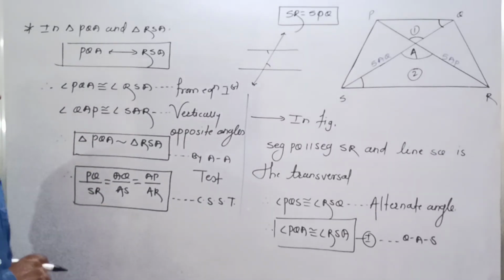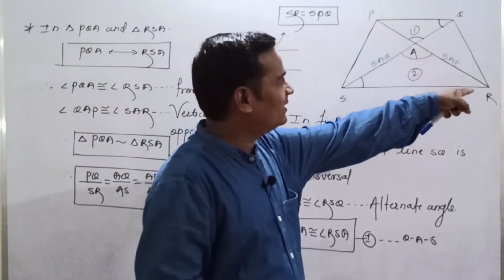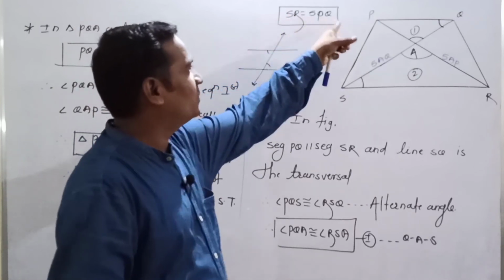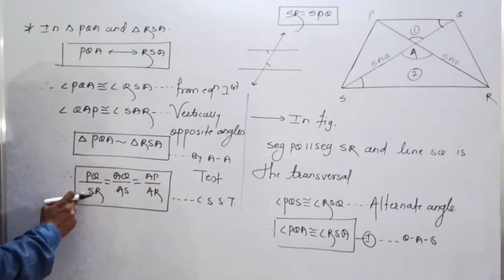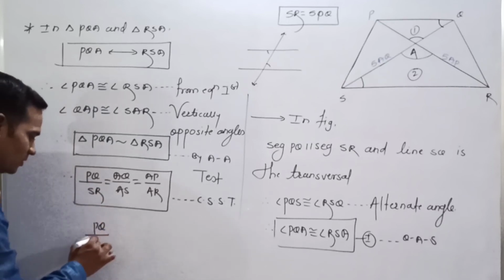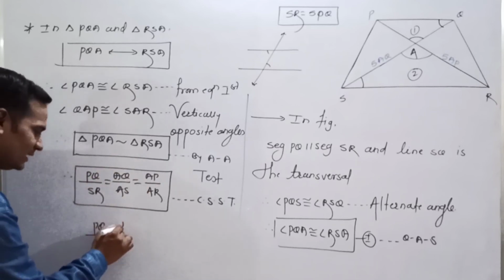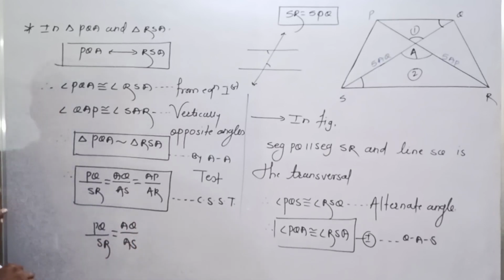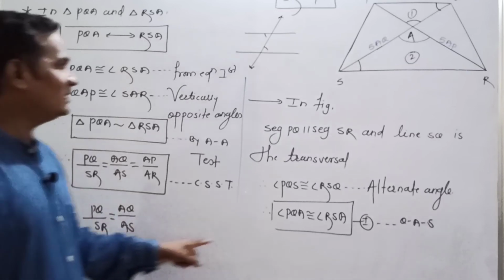So let's put down the values which are given here. AS is given, AR is given, and we have to prove SR is equal to 5PQ. That means we want this PQ and SR both. So let's take the ratio PQ upon SR first of all. Now you can take any one of them. So let's take AQ upon AS. Let's put down the value of AS.